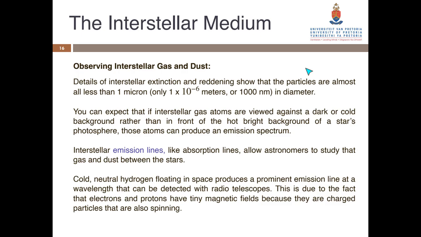Interstellar emission lines, like absorption lines, allow astronomers to study the gas and dust between the stars. Cold neutral hydrogen floating in space produces a prominent emission line at a wavelength that can be detected with radio telescopes. This is due to the fact that electrons and protons have tiny magnetic fields because they are charged particles that are also spinning.